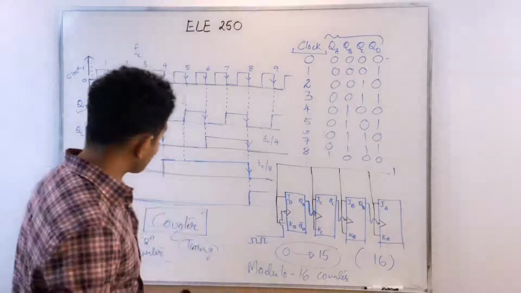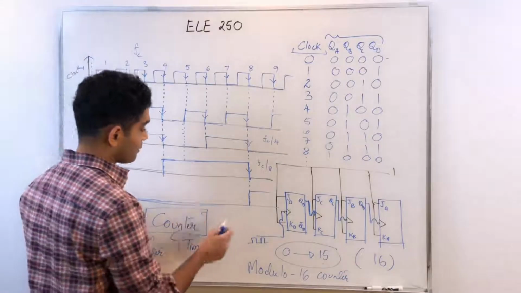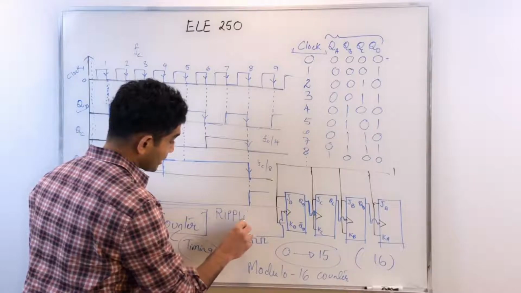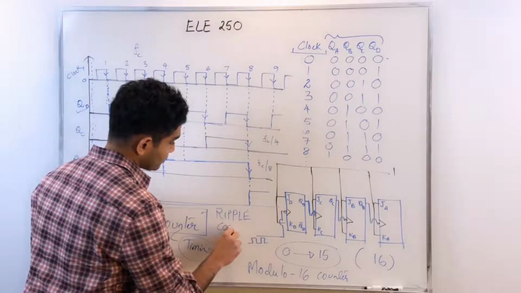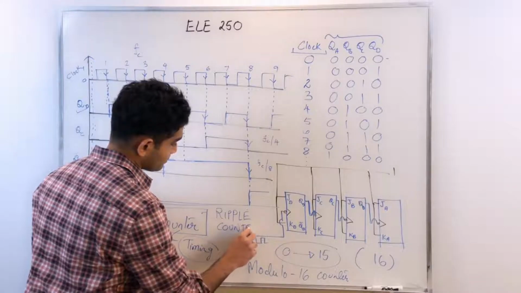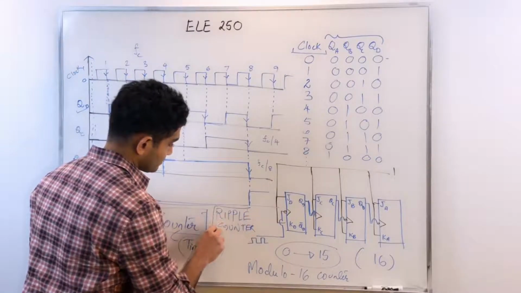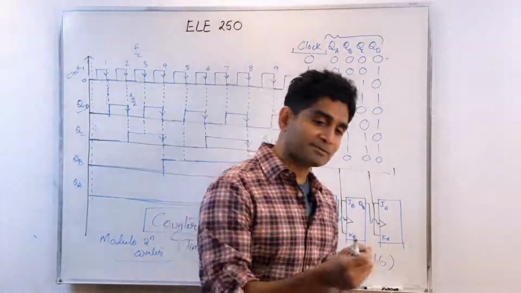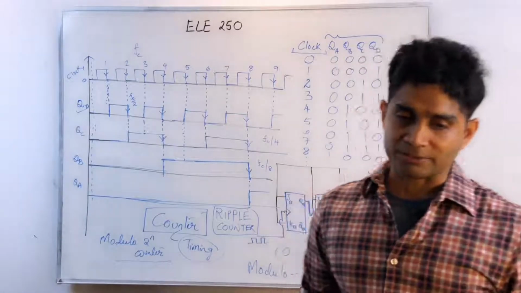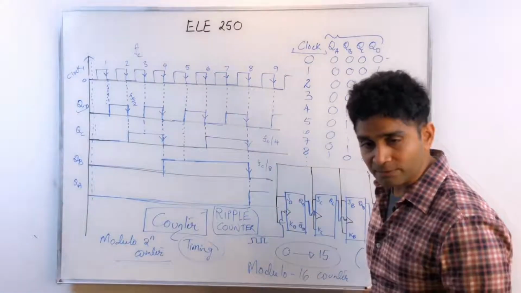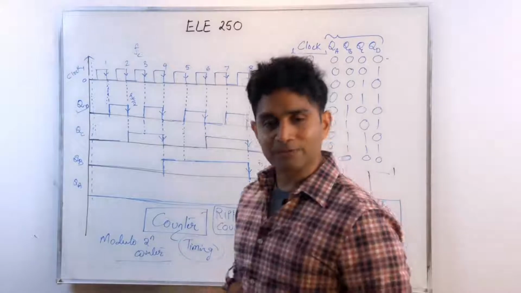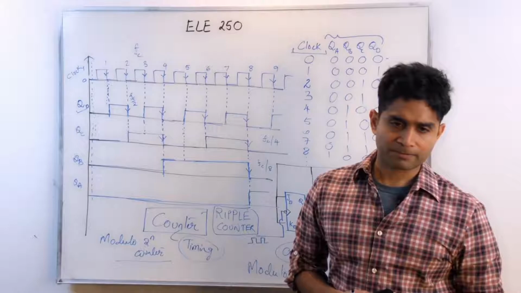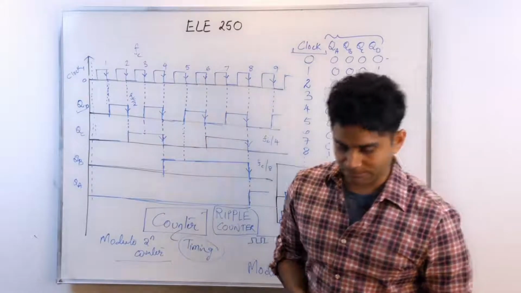So that's why this is called a ripple counter. As you can see here, I'm able to utilize the toggle state to my advantage. I can generate these kind of timing signals from these configurations. I hope that makes sense.